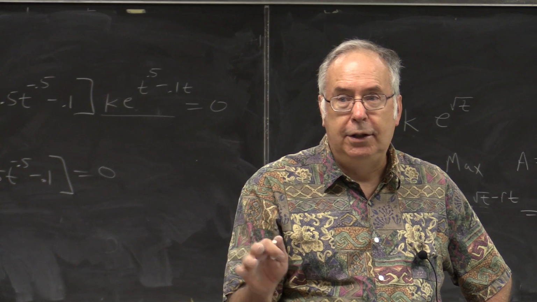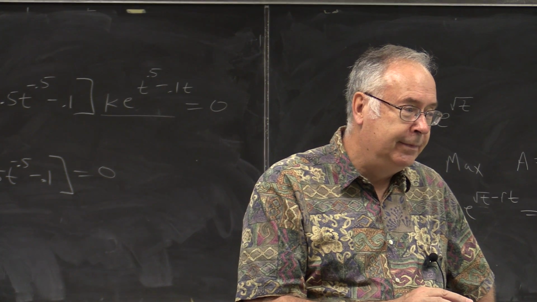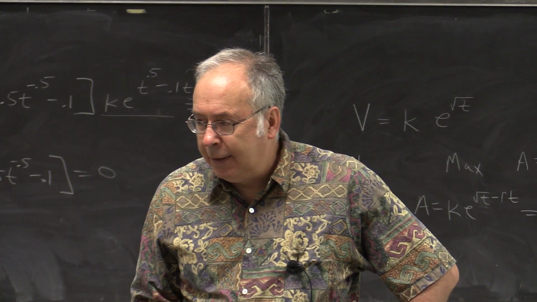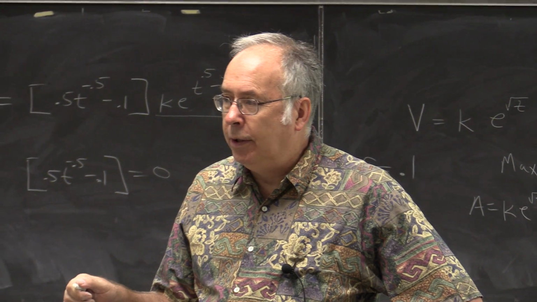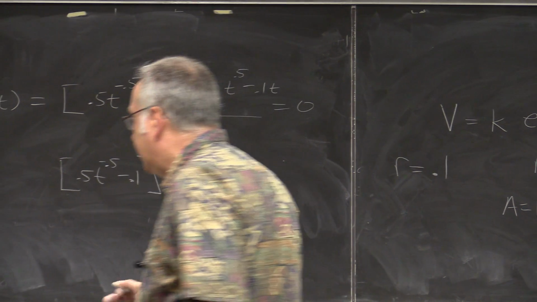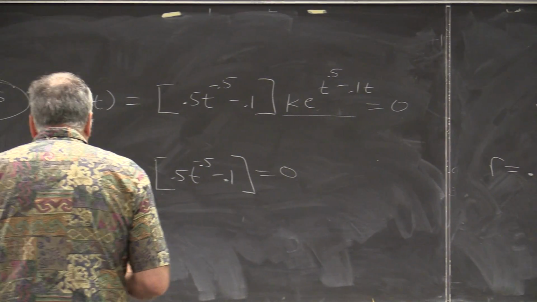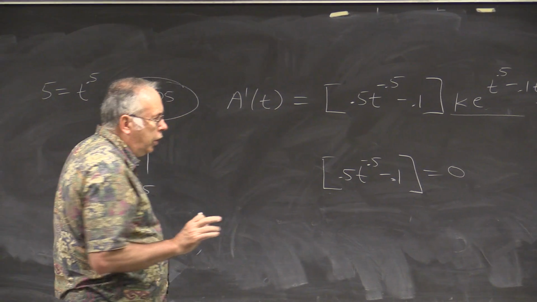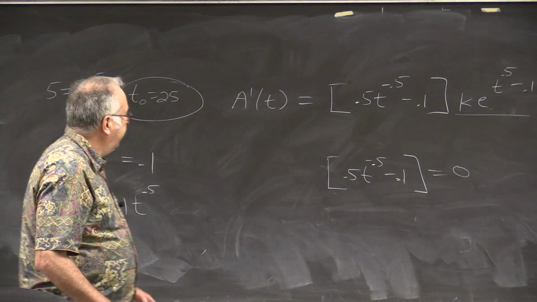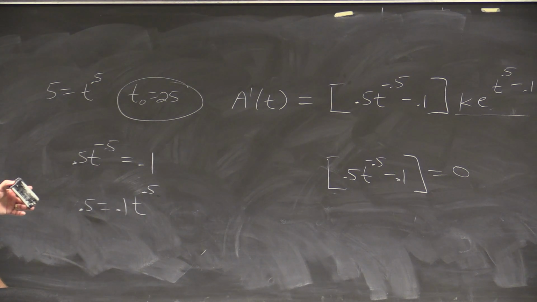Max or min. Yeah, don't forget that second order condition. By the way, if you see on your test something in red that says SOC, that stands for second order condition. So if you fail to check the second order conditions, you'll see that on your test. So you would want to check the second derivative, a double prime of t.